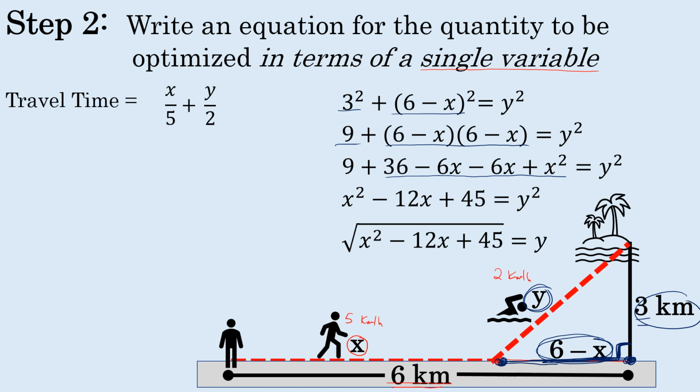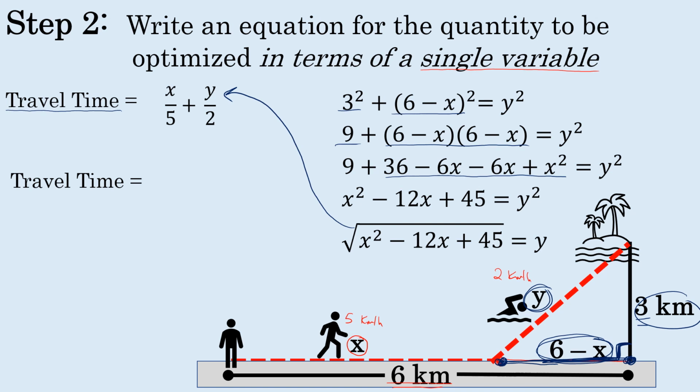This is important to find. We found that y is equal to this quantity. If I replace at this point this quantity with y, I would have the equation for total travel time written in terms of a single variable.